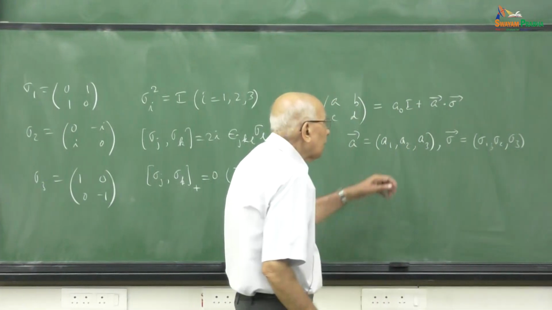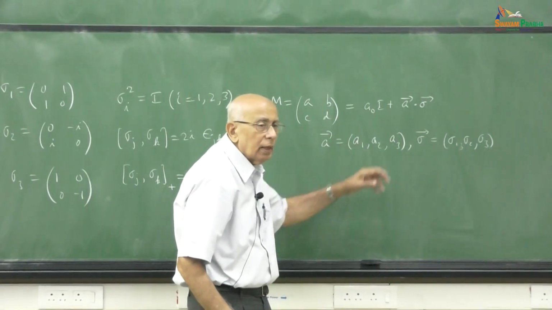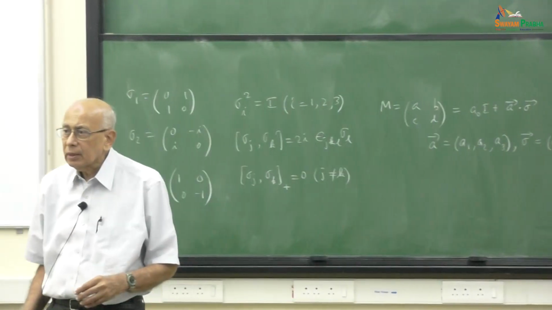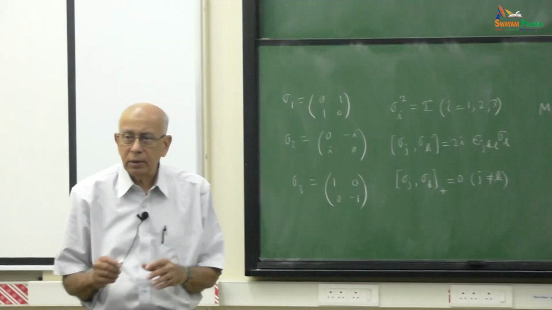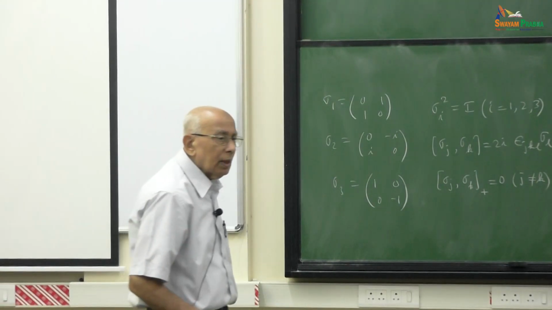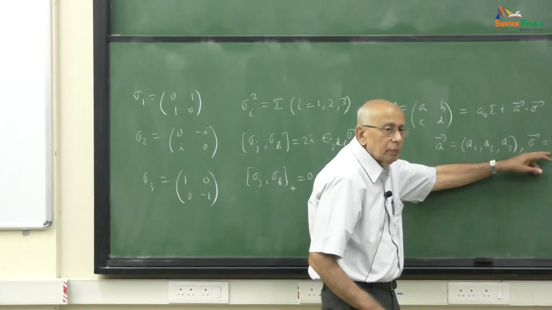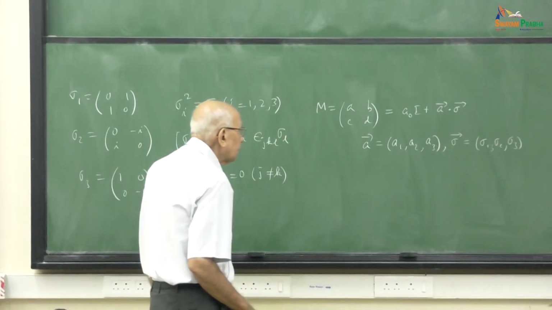So this is just a matter of notation. I should really write a1 sigma 1 plus a2 sigma 2 plus a3 sigma 3. That's tedious to write, so I just write a dot sigma, making sigma look like a vector. It stands for this triplet of matrices. That's all, it's just a matter of notation.